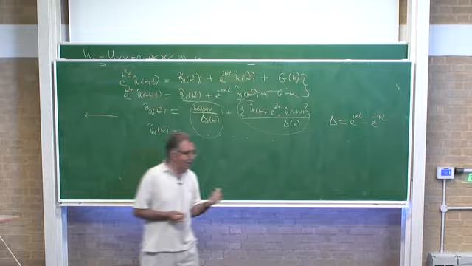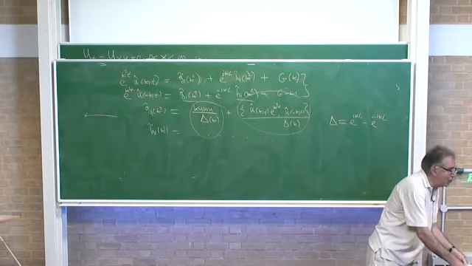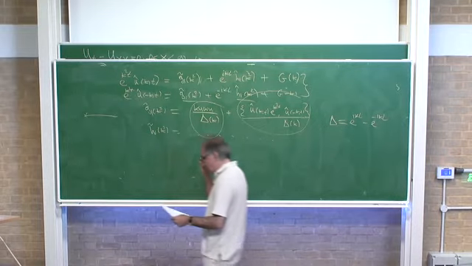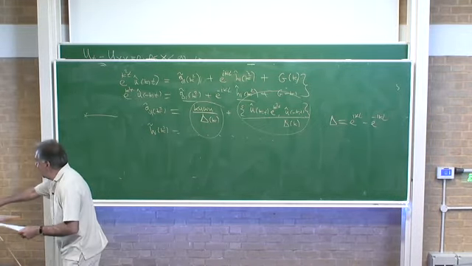What will happen here is, if I do Robin and Robin, if I do both Robins, I will get this.